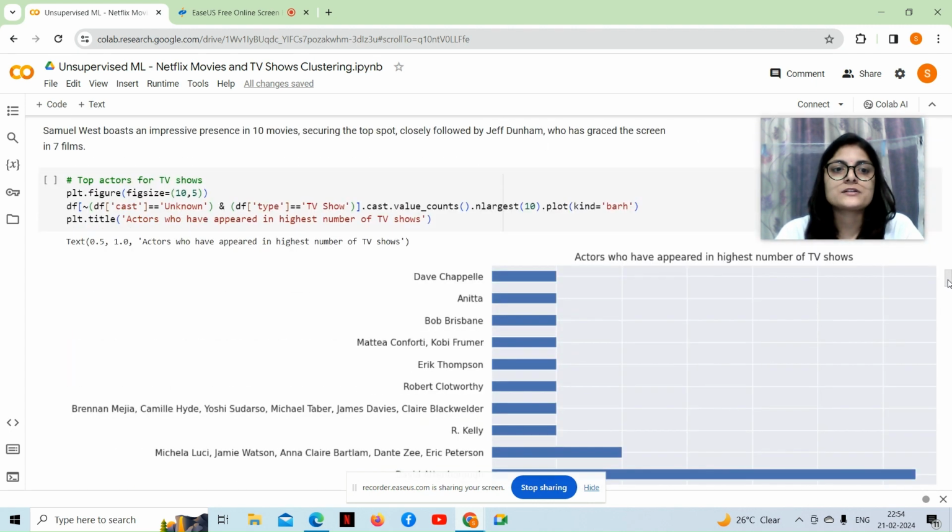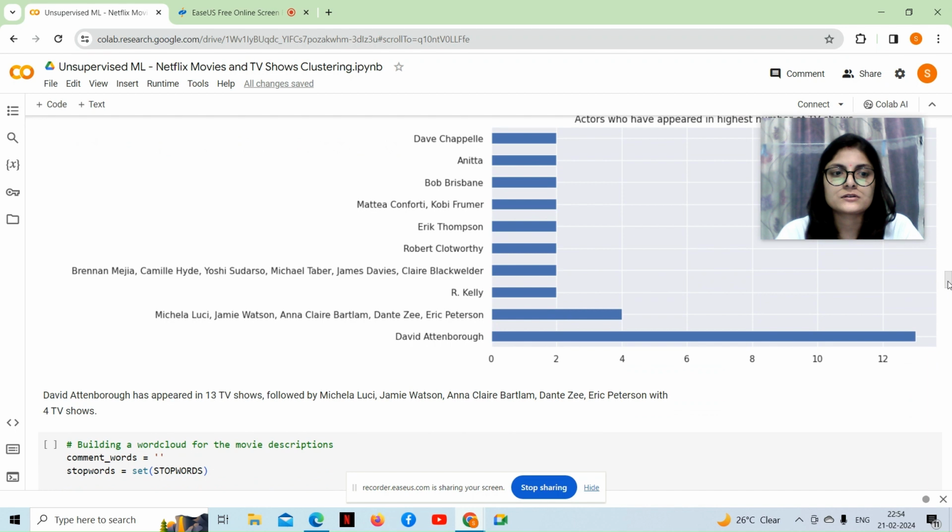Then top actors for TV shows. David appeared in almost 13 TV shows, followed by Michaela, Jamie, Anne, Dante, and Eric Peterson, who were in 4 TV shows.